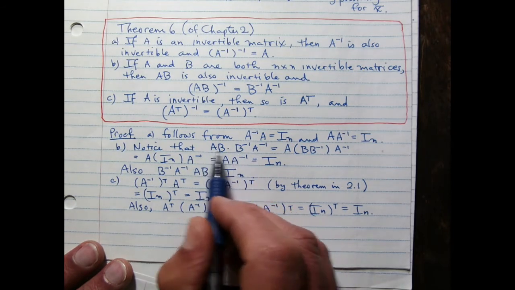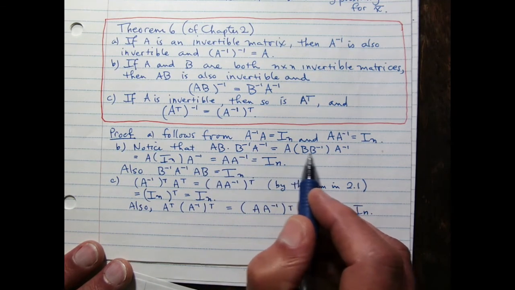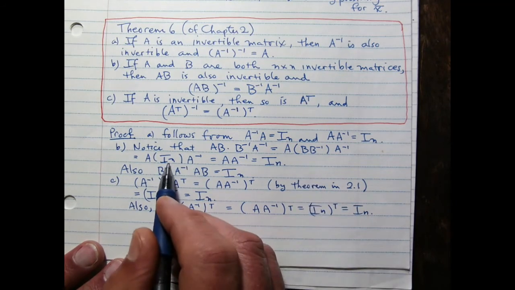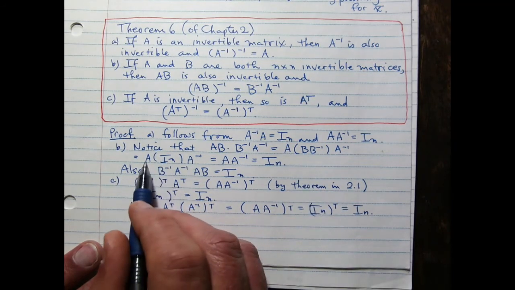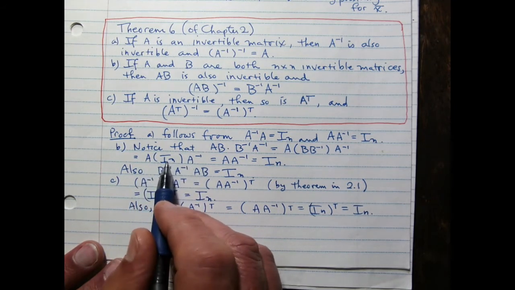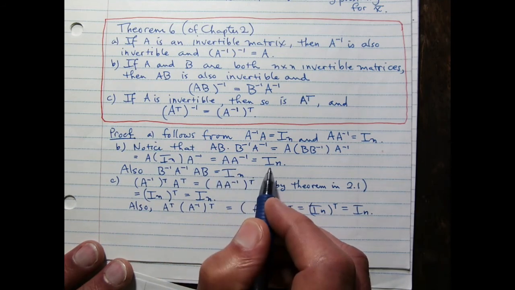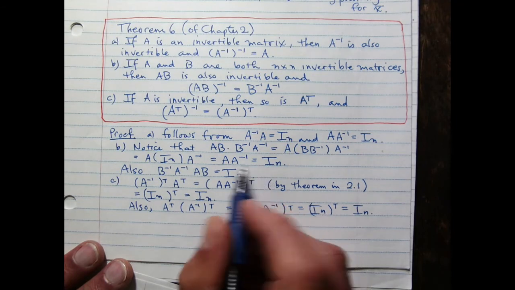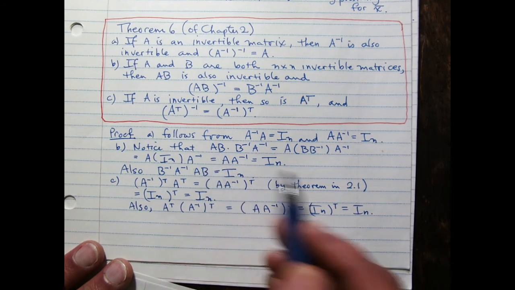When we line up multiplication this way, the B and B inverse are right next to each other, so they become the identity matrix in the middle of all this. But when you have other matrices times the identity matrix, that gets absorbed, and we're just left with A times A inverse, which is also the identity matrix. And that's exactly what it means for B inverse A inverse to be the inverse of AB.